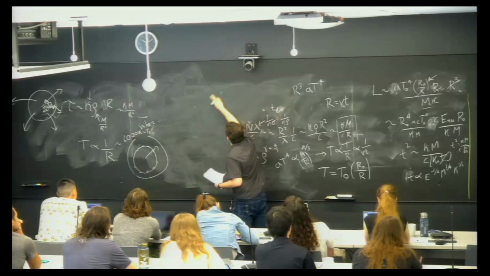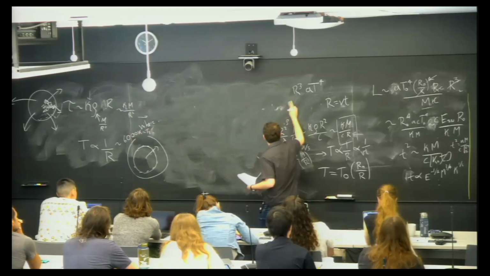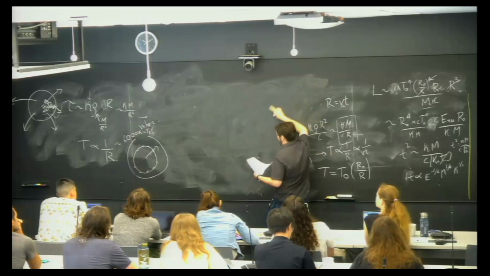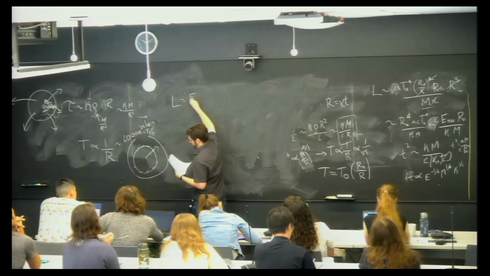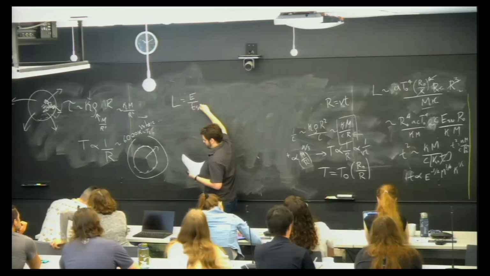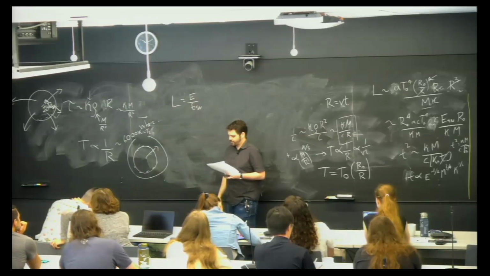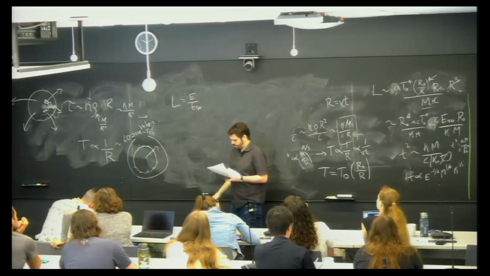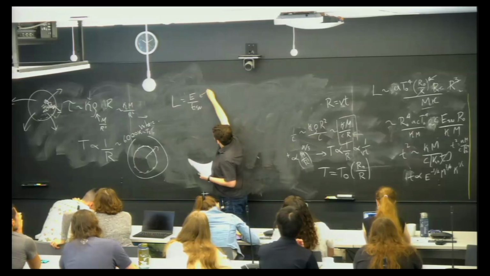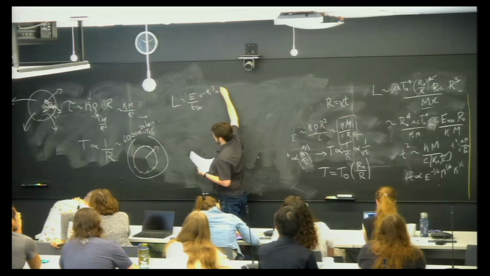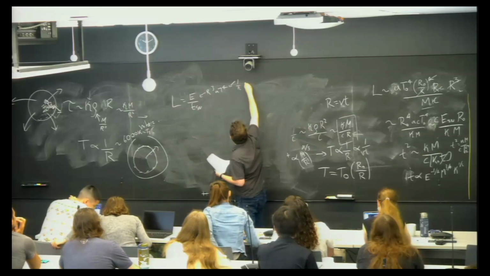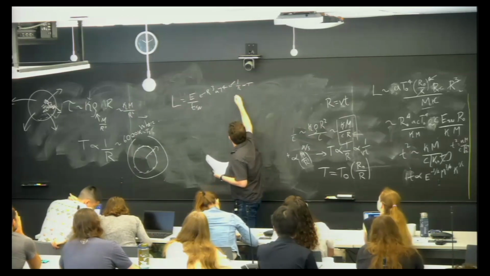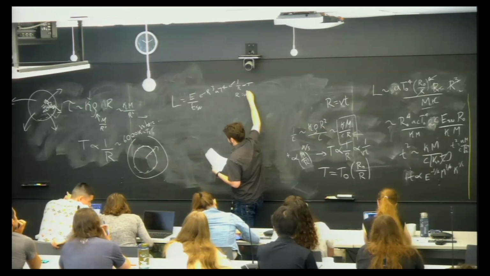So I'm going to refine my picture a little bit. I'm going to now write down, so if my luminosity goes like E over T supernova, and E is R cubed A T to the 4th, and T goes like 1 over R, and then R is VT.